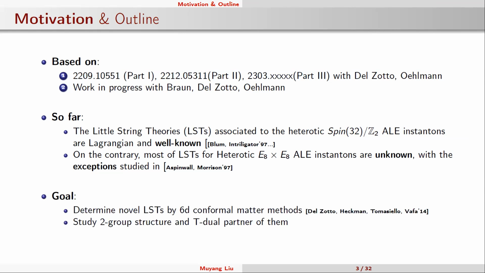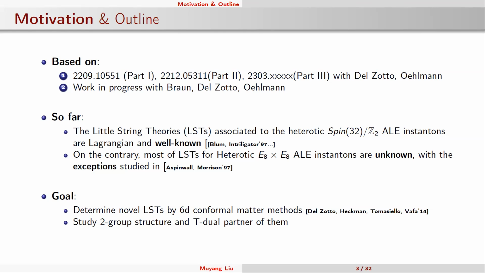That motivates us to combine the recent understanding of the 6D SCFTs as well as the higher group structure and higher-form symmetry studies on those theories to find and determine novel Lagrangian theories by the 6D conformal matter method.